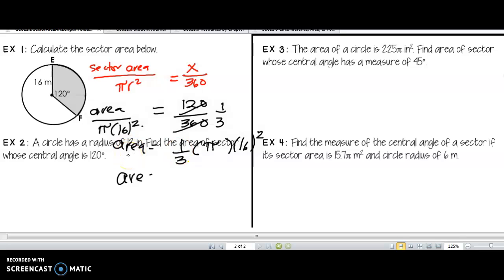So the area will be approximately 267.95. So the approximate area of the shaded region here is 267.95 square meters.